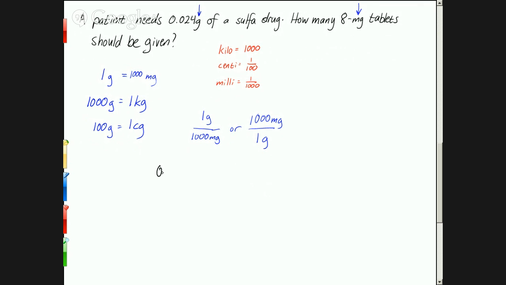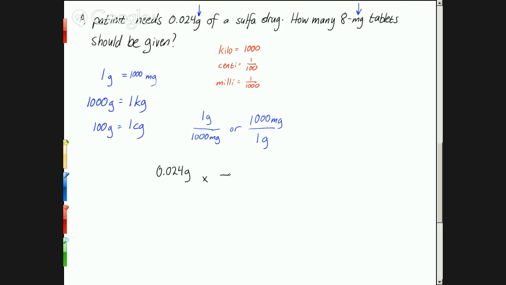I'm going to take my first number, 0.024 grams, that was given in the problem. And I want to multiply it by one of these factors to turn it into milligrams. So get rid of the grams and get milligrams. The way I do that is by using a property of multiplication, where if you divide something by itself, it cancels out and becomes 1.